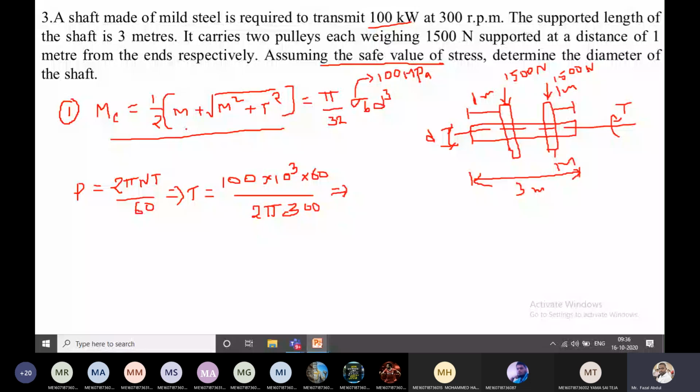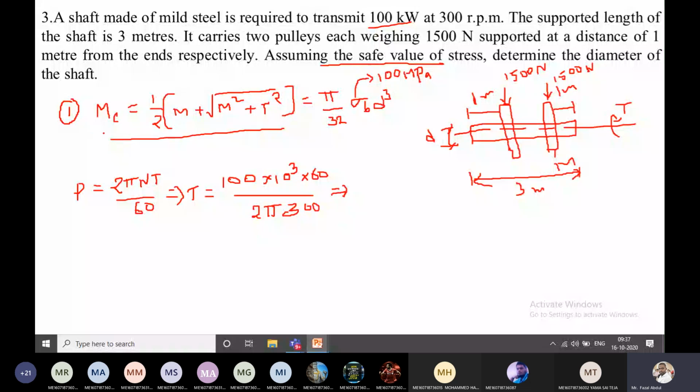But before writing it, we have to analyze whether this equation is suitable for this question or not. Based on the fact that there is one torque and one bending moment, we conclude that this problem belongs to a combination of torque and bending moment. Because of this conclusion, we selected this equation.